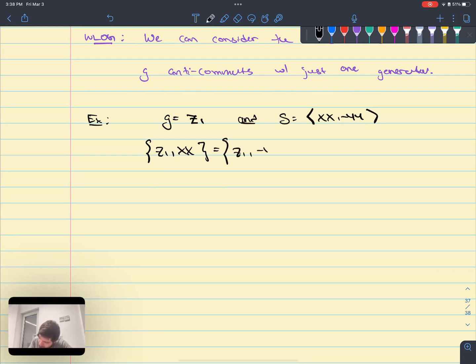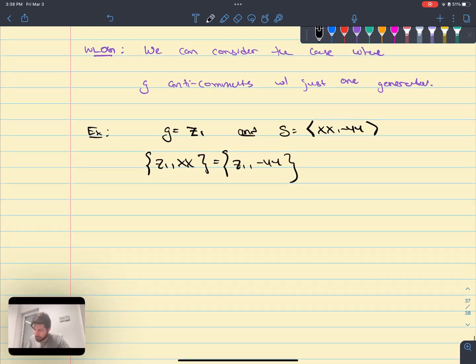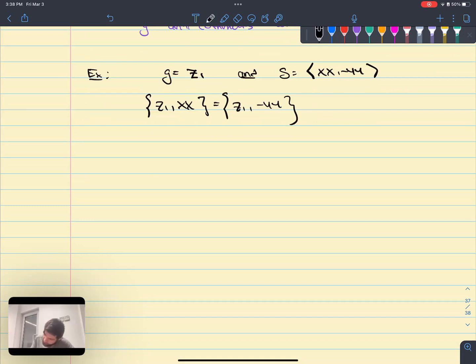Z1 and minus YY. Okay, so that seems like we can't just restrict, but what we can do is the following. The full stabilizer group looks like what? It's I, XX, minus YY, ZZ.